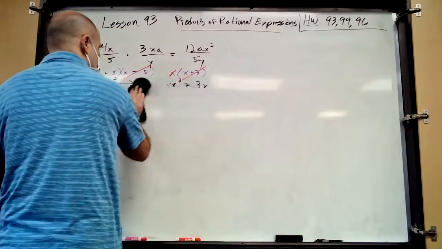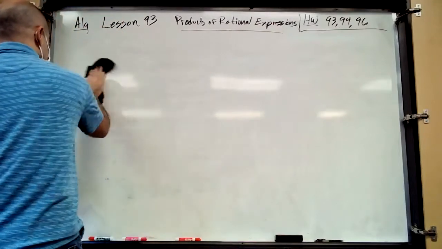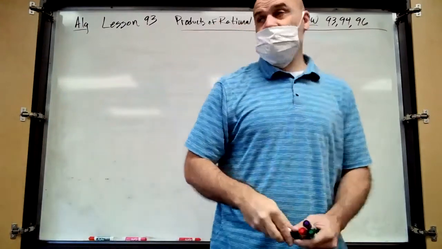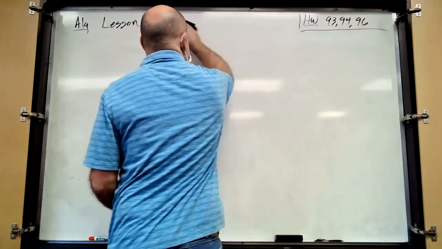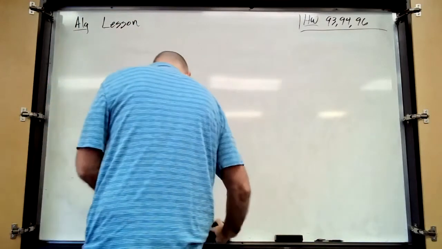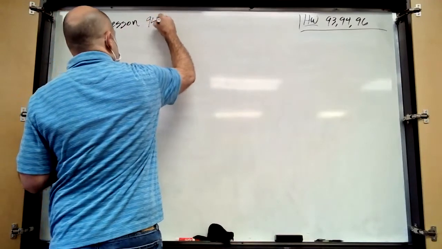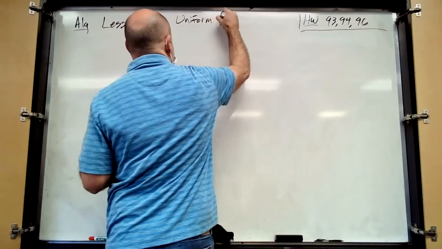Now we've got a different scenario. Let's say that they're not equal. Let's say that they add up to something. So uniform motion version 1, what we've talked about so far, is D1 equals D2.